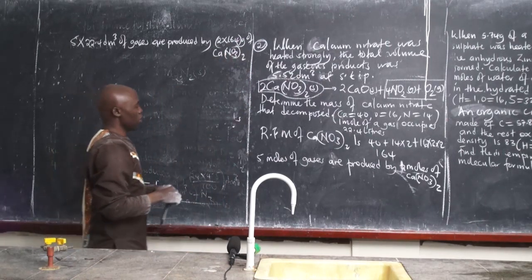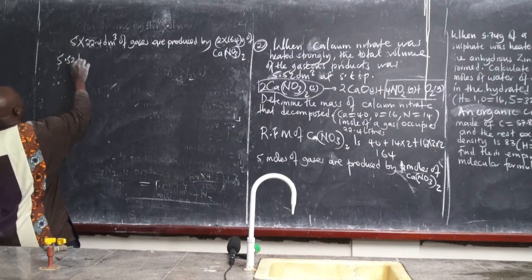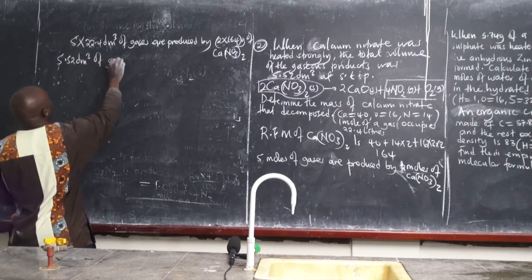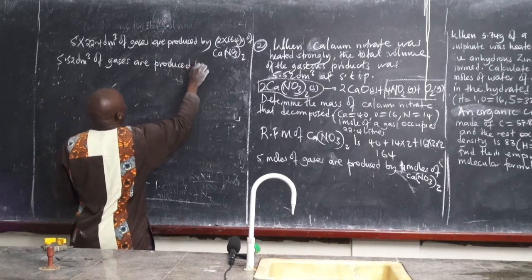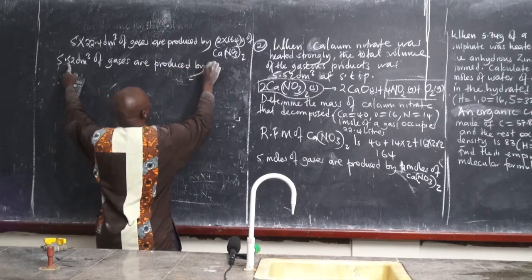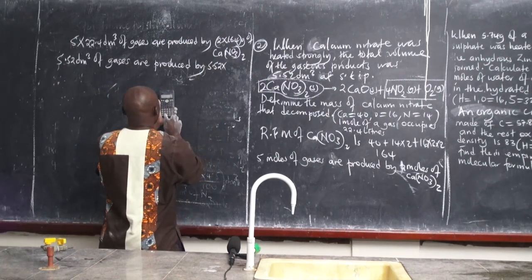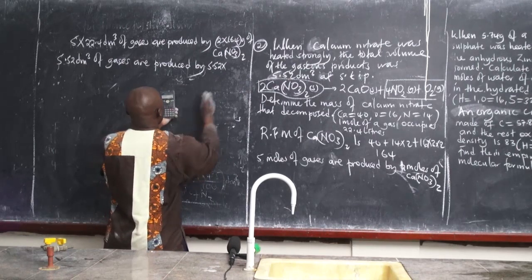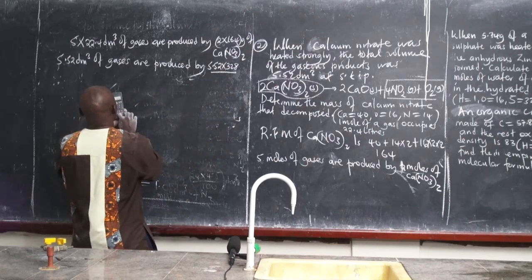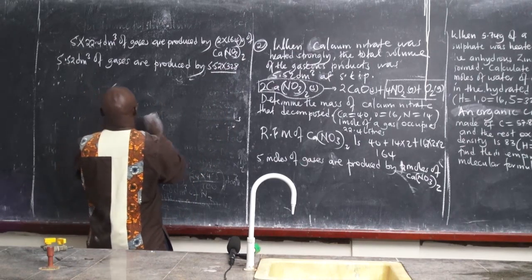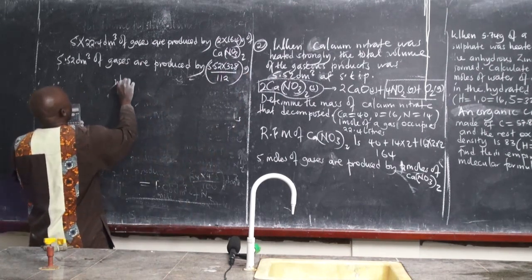So now the next step: 5.52 decimeters cubed of gases are produced by 5.52 times 328, which is 2 times 164, divided by 5 times 22.4, that's 112.